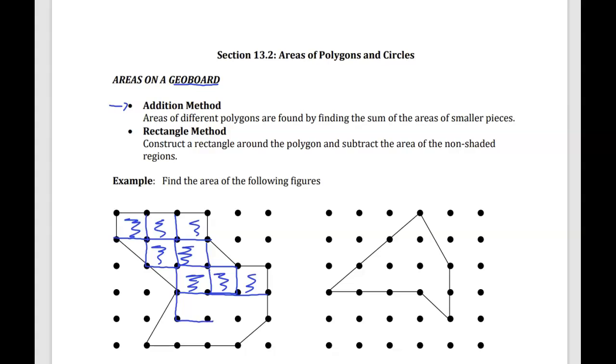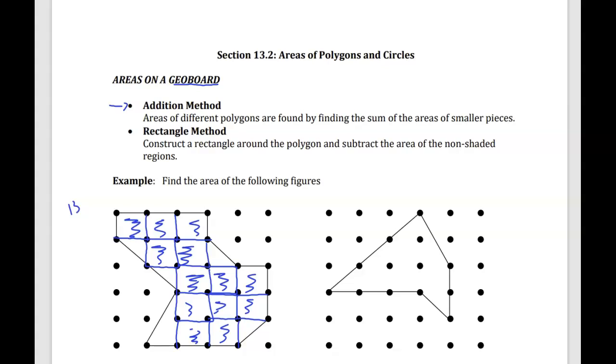And so you kind of add up all those squares, and then we have to add up all the little pieces that are left. Okay, so I have a total of 1, 2, 3, 4, 5, 6, 7, 8, 9, 10, 11, 12, 13 squares.